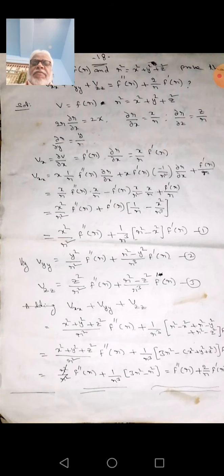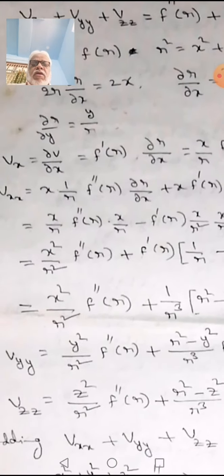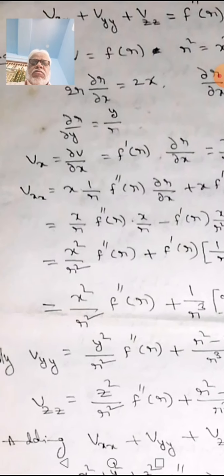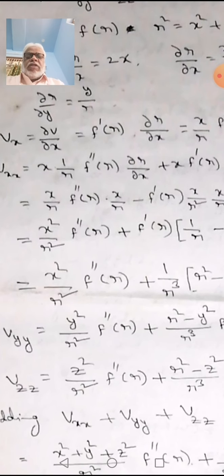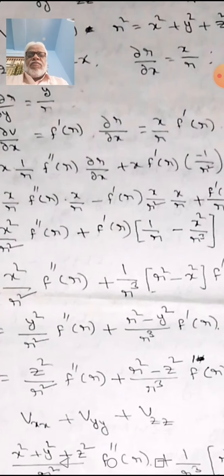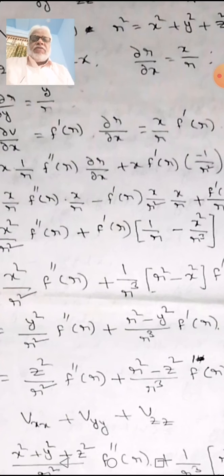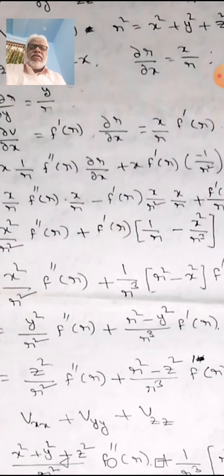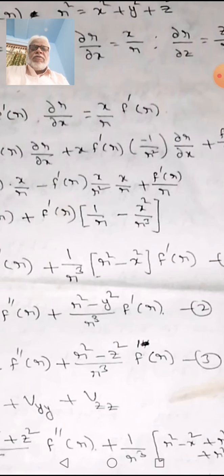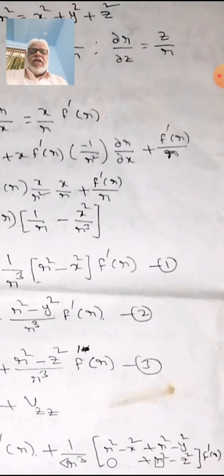So x by r, f double dash r, dou r by dou x is x by r, so x by r, f double dash r, x by r, minus f dash r x by r square into x by r, plus f dash r by r.